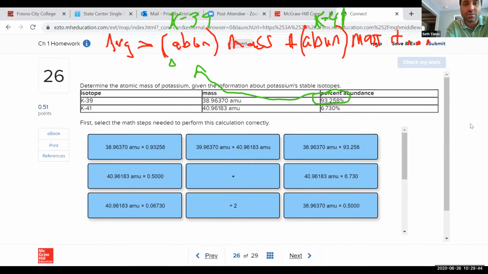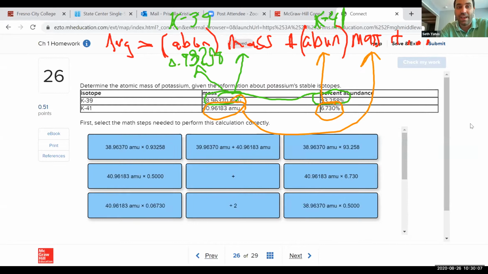So that would be 0.93258, not percent form, but decimal form. We would take the mass that goes with it and plug that in here. Then we'd take the abundance of potassium 41 and plug it in there, and the mass that goes with it. And that will give you your weighted average mass for potassium.